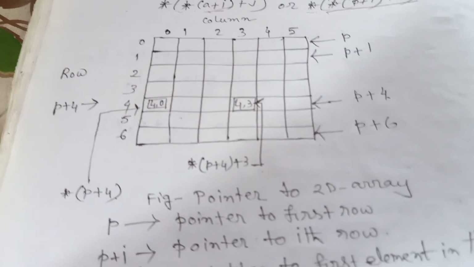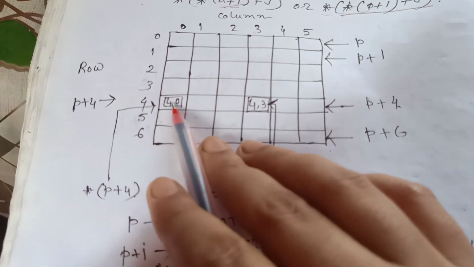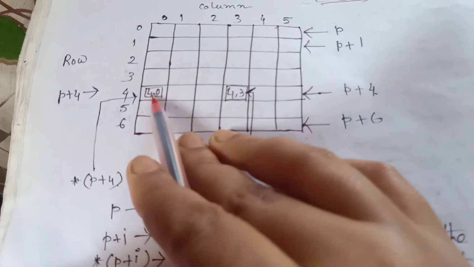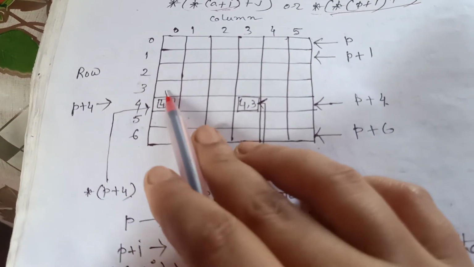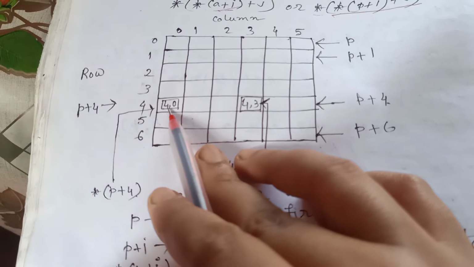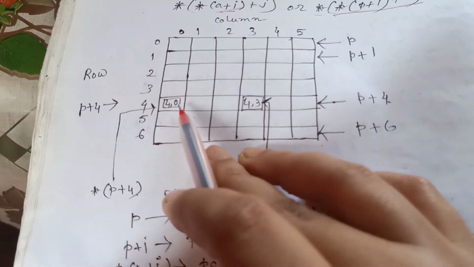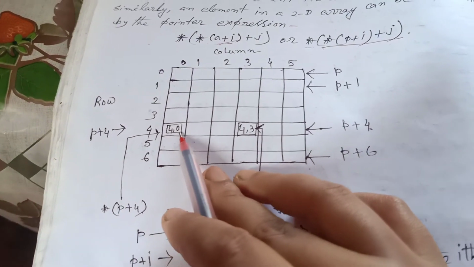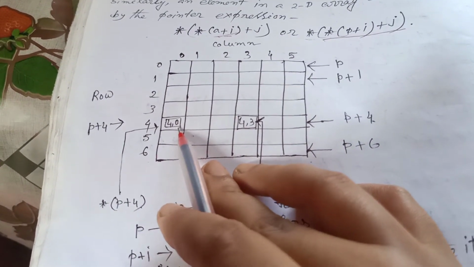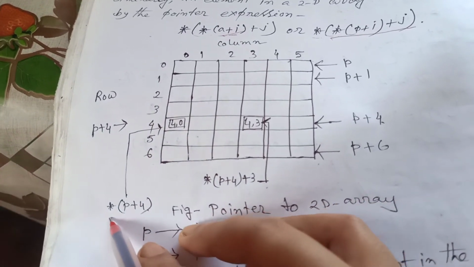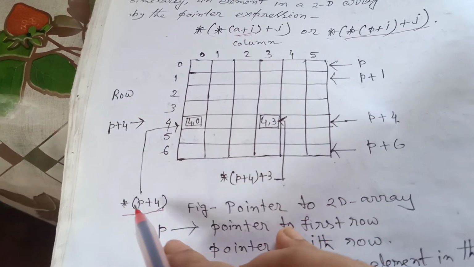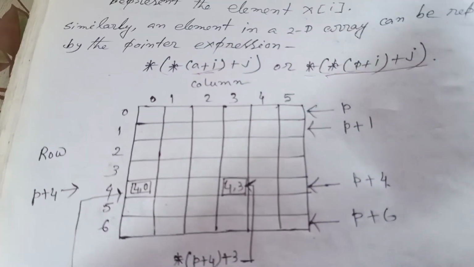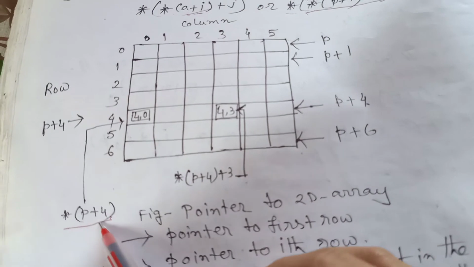Okay, so here suppose in the fourth index of the row, the 0th index, that is row index 4, column index 0. So here the pointer will be pointer, then first bracket p plus 4, because the column index is 0, so nothing will be added.